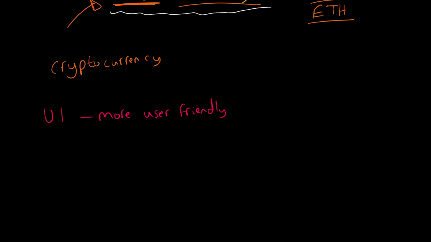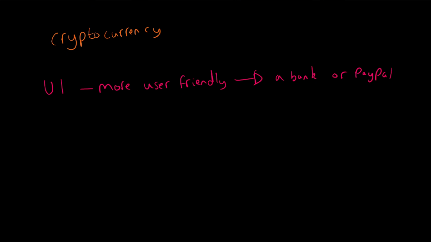So the UI, because it's more user friendly, is actually more like a bank or PayPal. As a result, users actually prefer it in a way, because it feels familiar. They've already used services like this. And I'll explain why it's more user friendly.